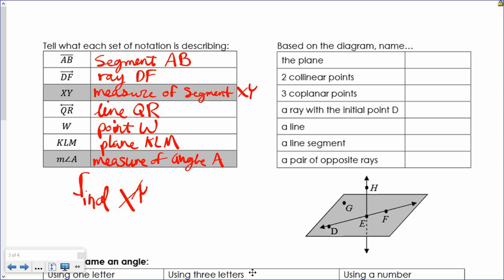I still don't understand. I don't have the one for the plane. So like it says 3 points.